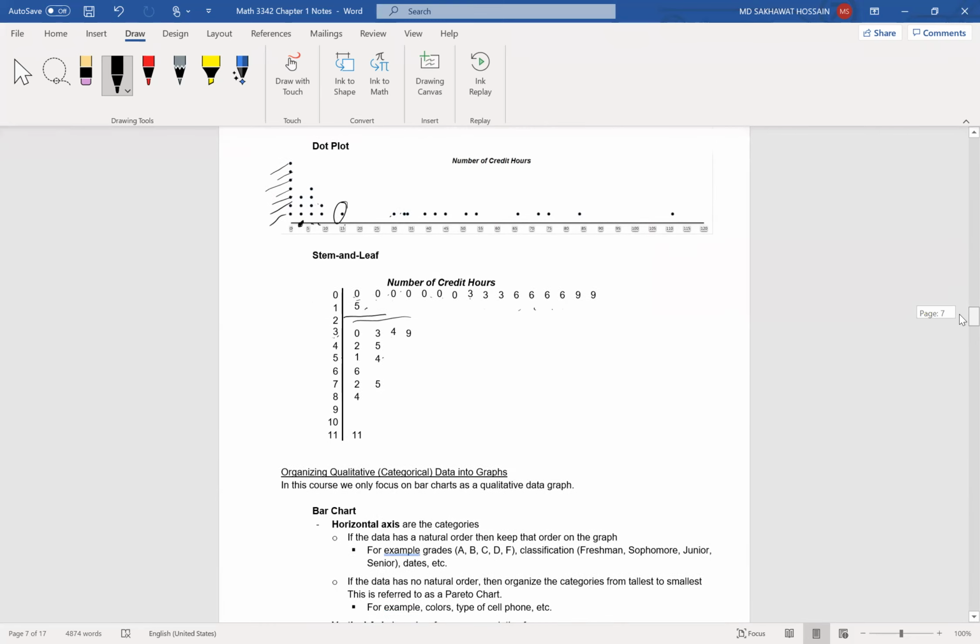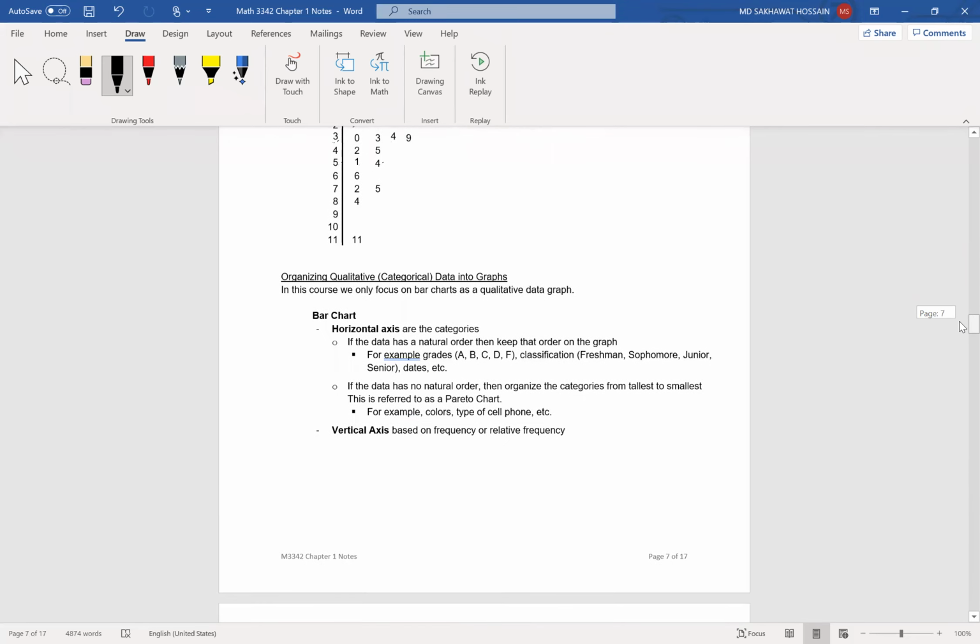Then you can also use the bar chart. The horizontal axis shows the categories. Usually we use the bar chart for qualitative data, and we use a histogram for quantitative data. For example, grades and classification.